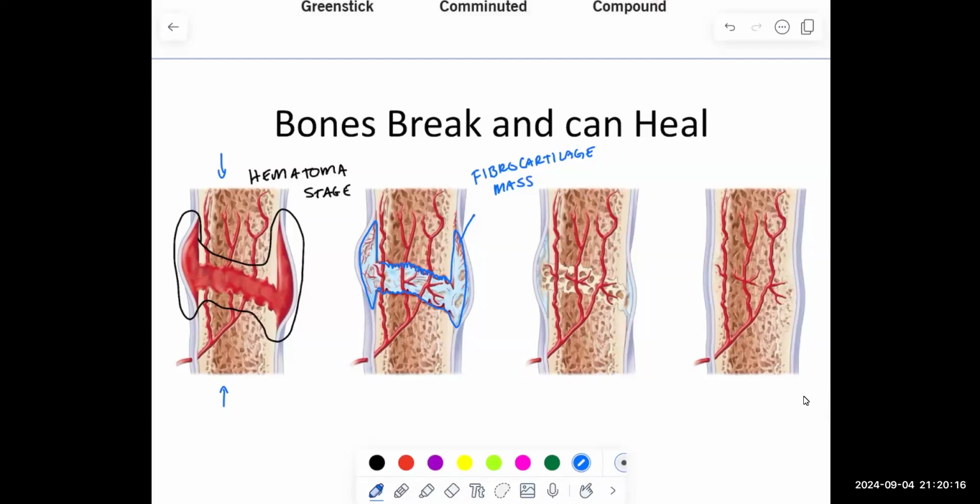Then the bone cells are going to take over the fibrocartilage. So the bone starts to fill in. Now the bone fills in the fibrocartilage. The fibrocartilage is lost. It is invaded by the bone. That is a bone mass. And you can see the bone is bigger than it needs to be.